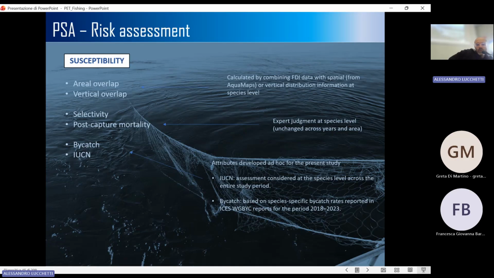Yes, just to deepen this, for the susceptibility, usually we use this type of attributes: areal overlap, vertical overlap, selectivity, the post-capture mortality, and also the bycatch rate when you have this type of information, because sometimes you don't have any information about the bycatch rate.